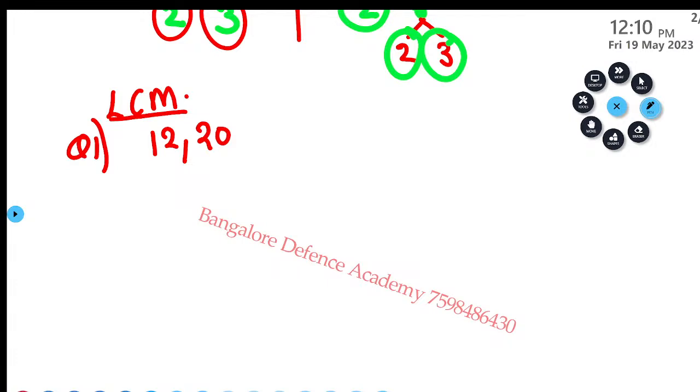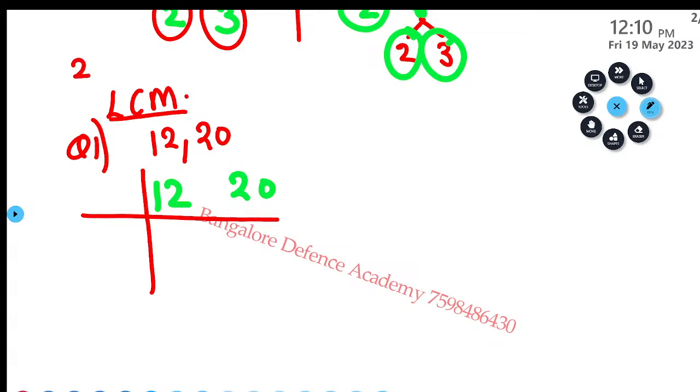I write the number 12 here, I write the number 20 here, and first I am going to divide with the number 2. Always keep in mind, take the smaller number, that is 2, then you take 3, then 5, then 7, then 11, then 13, then 17, then 19, and so on. Take these kinds of numbers to get the answer.